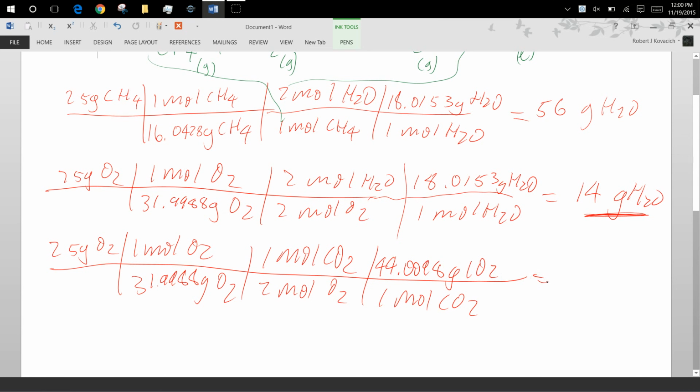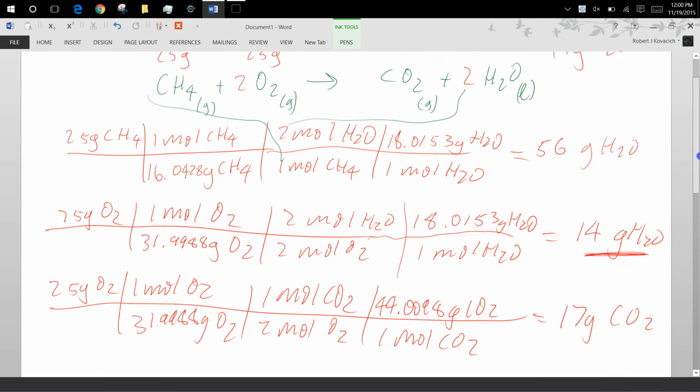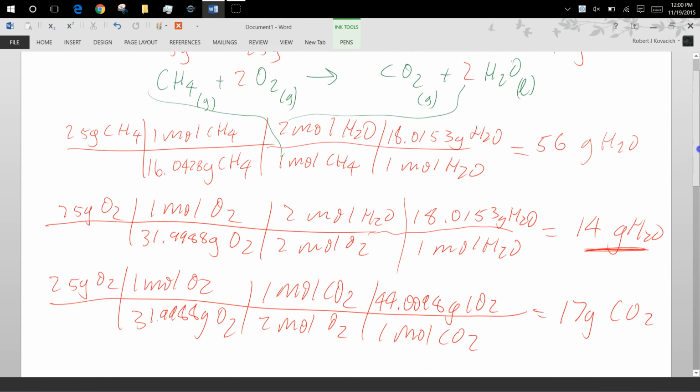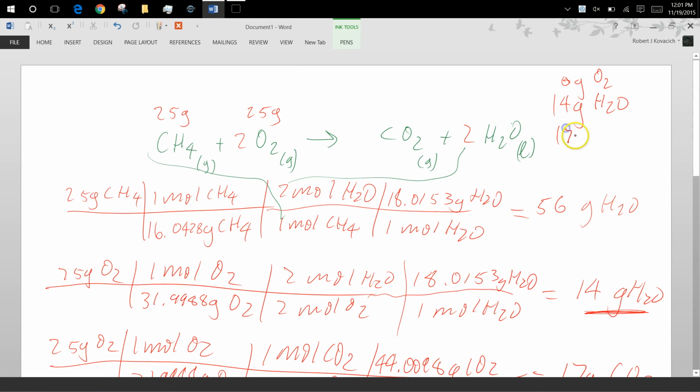Okay, so 25 divided by 31.9988 divided by 2 times that 44 number, and so I get 17 grams of CO2.